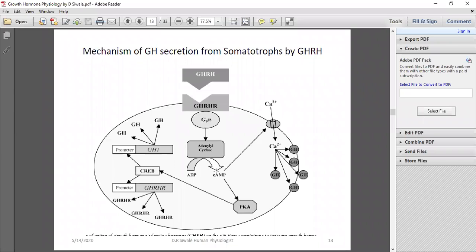Now this is like a second messenger. It has amplified the signaling strength of this growth hormone releasing hormone. So that's why we need to form a second messenger, just to amplify the signal. To amplify is just to increase the strength of something.